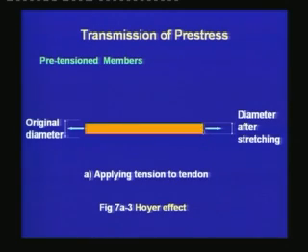In this sketch, the tendon has been stretched, its diameter has reduced from the original value due to the Poisson's effect. That means, after stretching, the diameter of the tendon is less than the original diameter of the tendon.